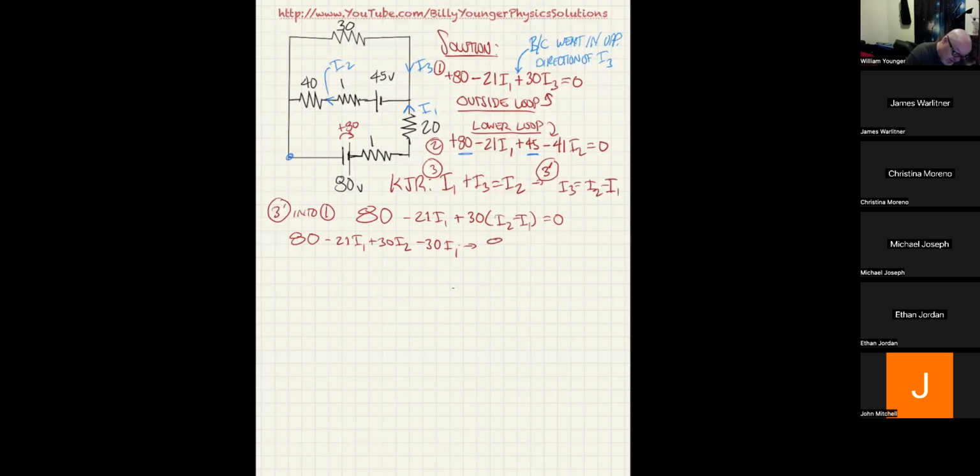So I'm going to say 80 minus 51 I1 plus 30 I2 is equal to 0. And I think the smartest thing I can do with that is go ahead and solve it for I1.